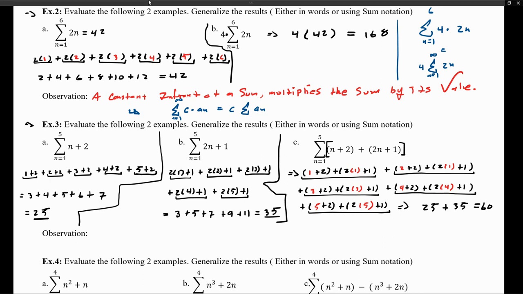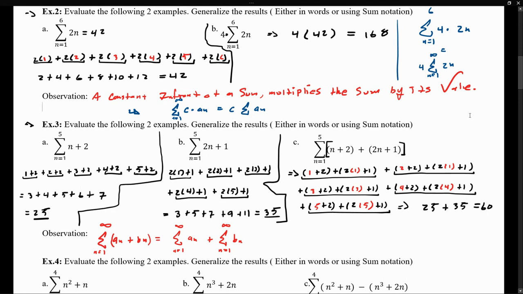So therefore, if you're trying to find the sum of two sequences or two expressions, whichever, this is equivalent to just adding each of those individually and then adding the sums properly.